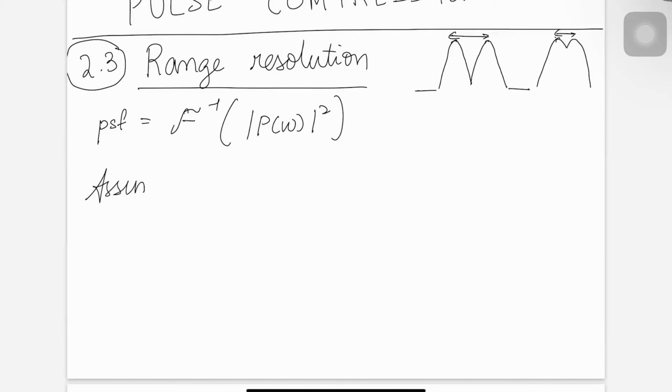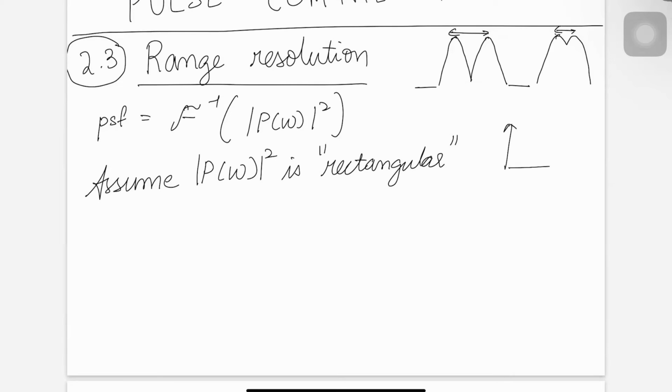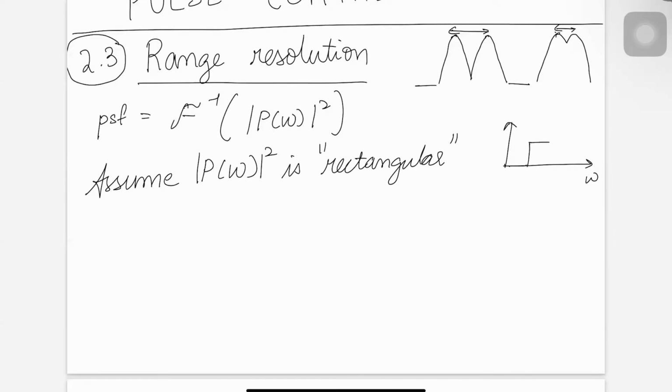To make a definition that is somewhat broad, what is typically done is that we assume that |P(ω)|² is rectangular. What does that mean? If you look at the frequency response or the power spectral density, we are assuming that it is rectangular like that.